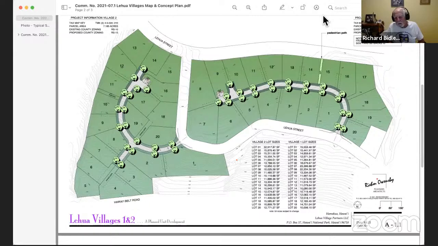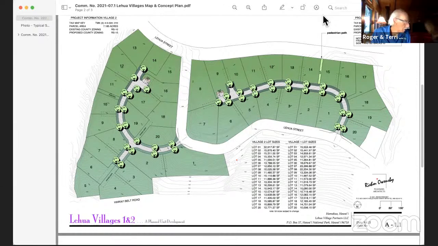Roger, the entrance to the Mackay side, how far is that from the one-lane bridge? Daniel may have a better idea than me. I would guess 200 or 300 feet, I don't know.